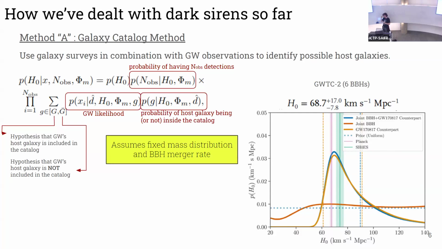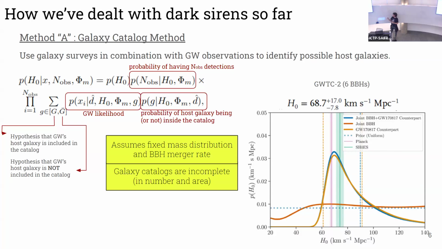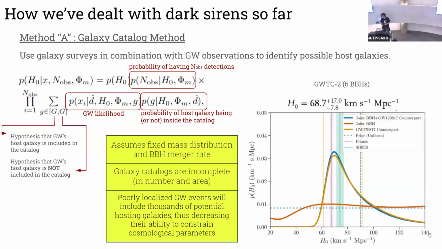First of all, they must assume a fixed merger rate and mass distribution. But the biggest flaw is that galaxy catalogs are incomplete, so you're not taking all of the real galaxies in your universe. And even if you have all of the galaxies in your catalog, the current observations have huge error bars.